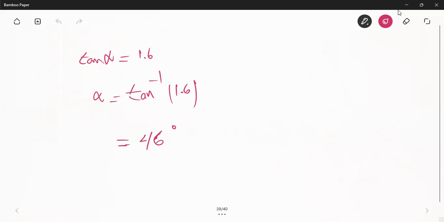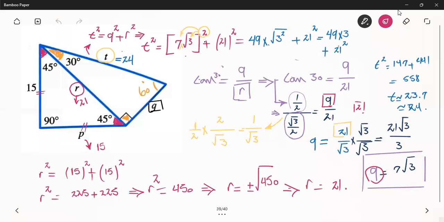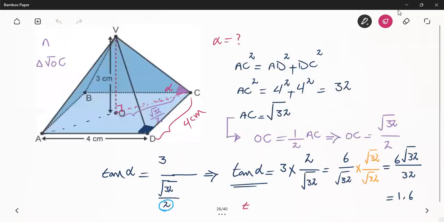Now you go back to the figure and see that by using this, we were able to find the angle in this three-dimensional shape. Or you could have written it without going that way: alpha is tangent inverse of 6 square root of 32 over 32, which equals 46 degrees. Okay.